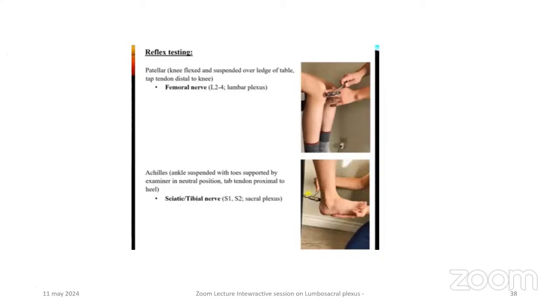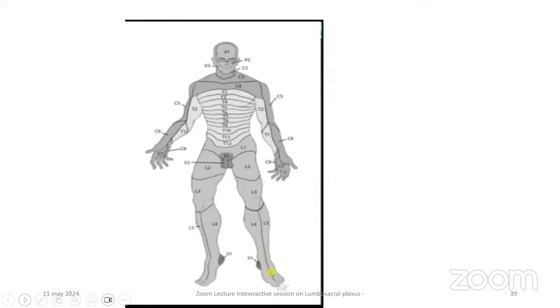So that's the sensory part we have to see. You can see the anterior part of the thigh is L2, 3, and concentrate on the medial aspect of the leg, which is L4. And L5 is the interdigital space from the great toe to the second toe and the lateral aspect of the leg, which are the sensory dermatomes of the lumbosacral plexus, which you can remember.